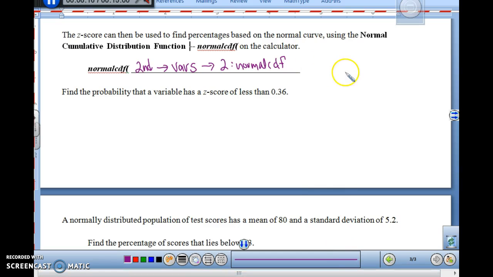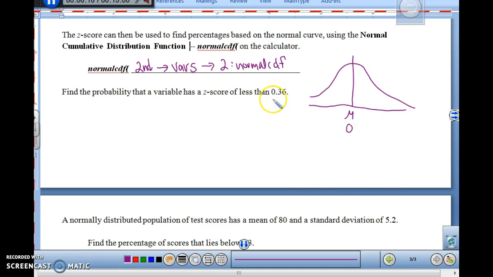So what's happening when you do that? Find the probability the variable has a z-score of less than 0.36. Let's take a look at what that looks like first. Here is my normal curve, and my mean is usually at 0, and 1 standard deviation from the mean would be over here on this side.